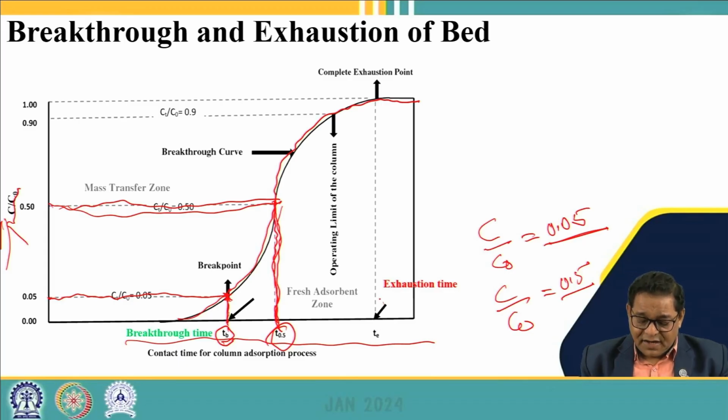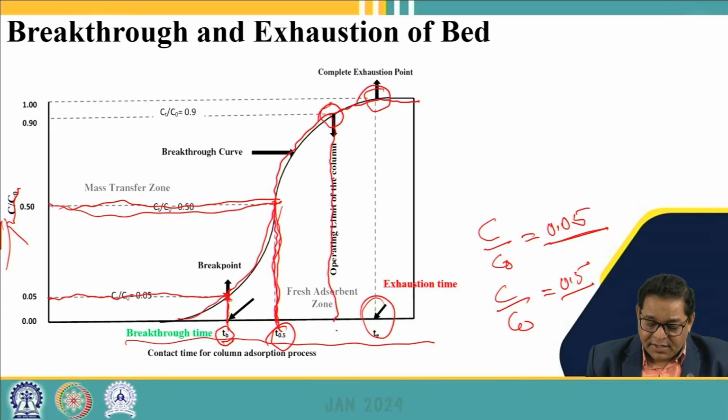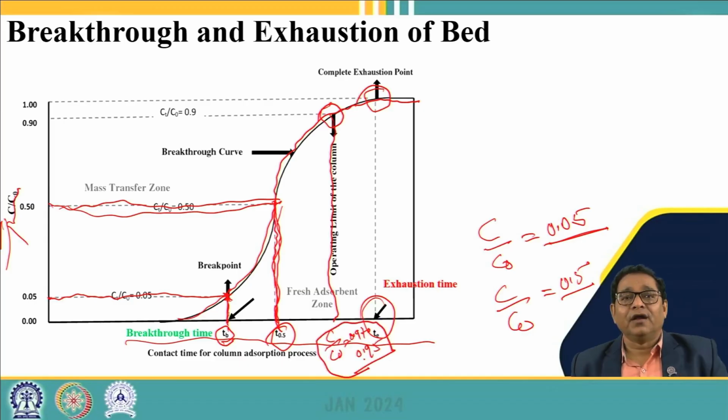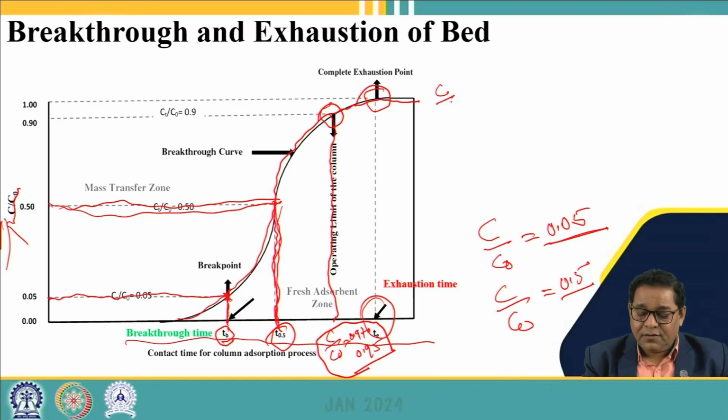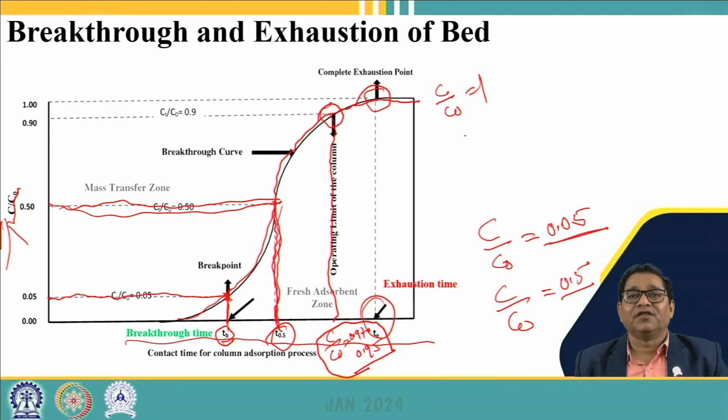Similarly, there is another point of concern, the point of exhaustion, at C by C0 equal to 0.9 to 0.95. We should take this as the point of exhaustion, and when C by C0 equals 1, it means the concentration of the adsorbate coming out after the adsorption is equal to the initial concentration of adsorbate.